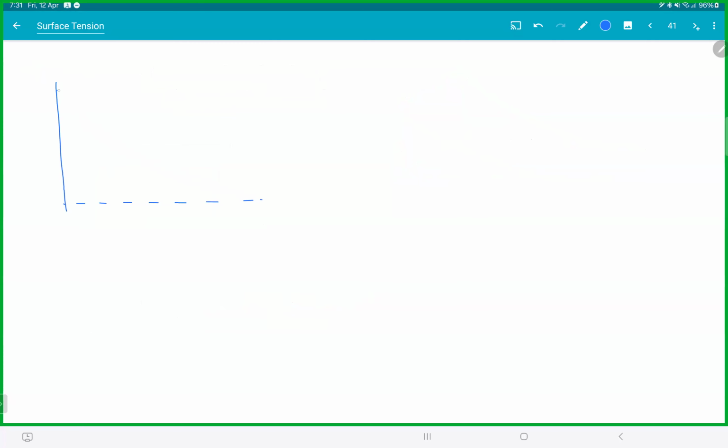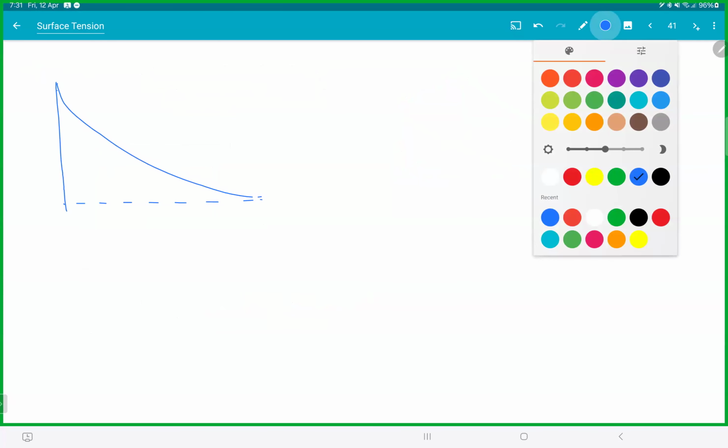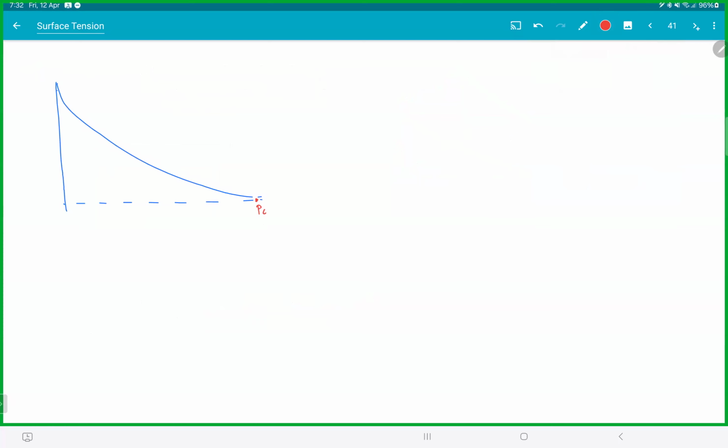Now see, the pressure is actually the easy one, because at the bottom level, what is the pressure? Here the pressure is P naught. So here also pressure is P naught. So if you go to a height h, the pressure here should be P naught minus rho g h. Instead of going from the top, go from the bottom. And at this point, if you take the radius of curvature, so that looks like a soap bubble here, where this pressure is P naught, and this side it looks like this.